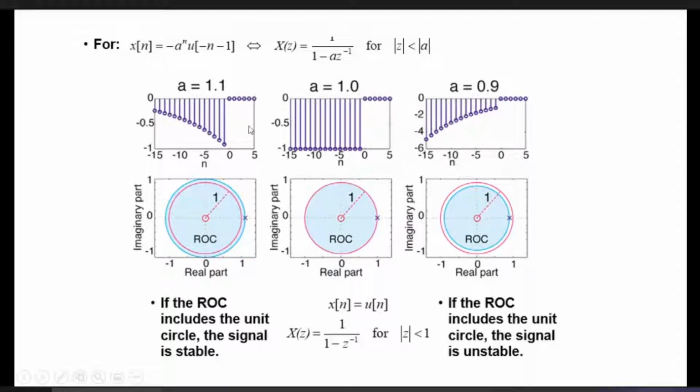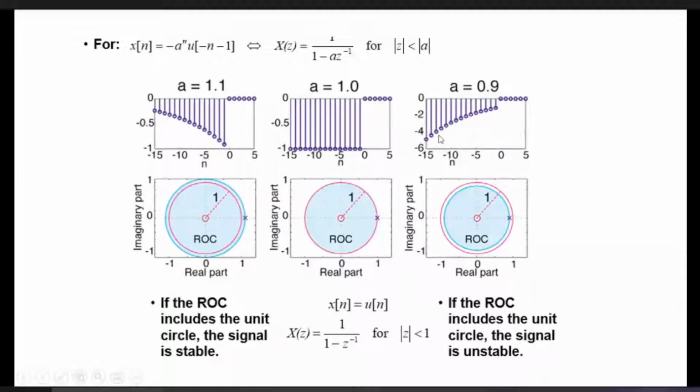Similarly, the opposite is true for the anti-causal case, where if the value is less than 0.9, the signal exists on the negative side and it is increasing, so the summation of h of n you cannot define.